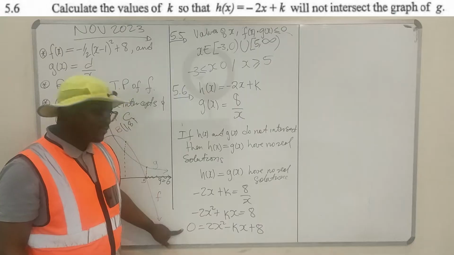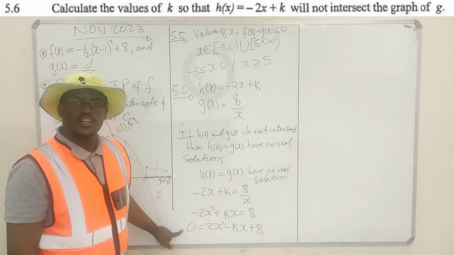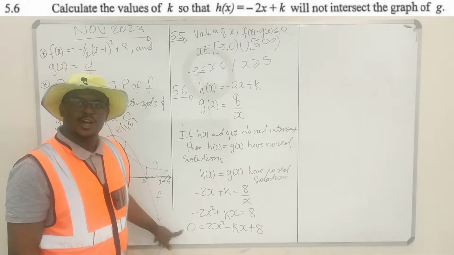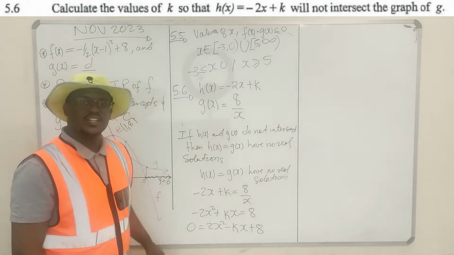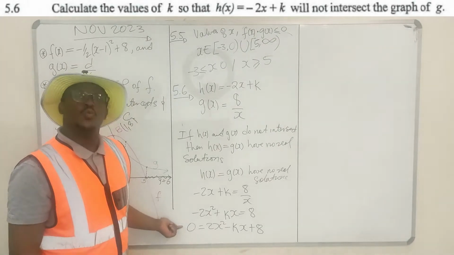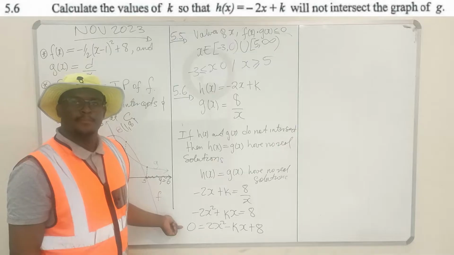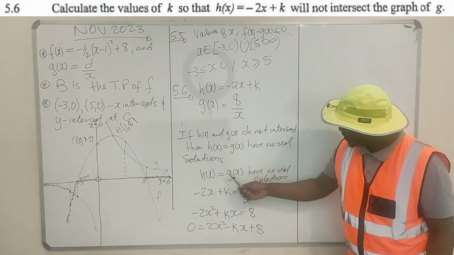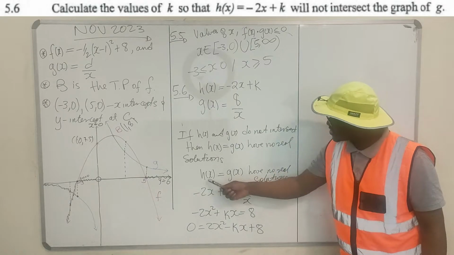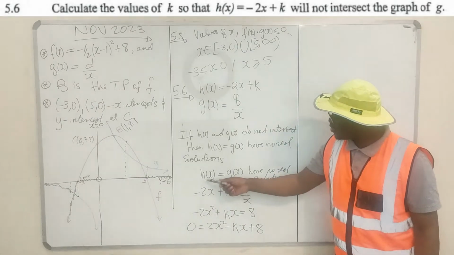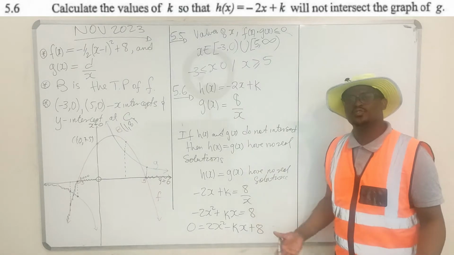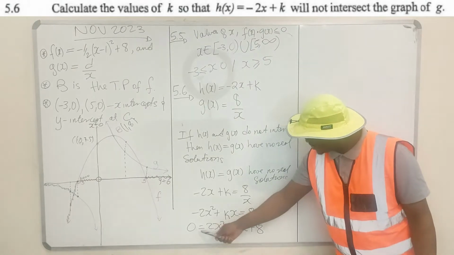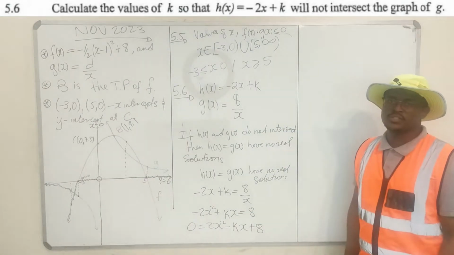So we have a quadratic equation here, and we know that this quadratic equation is coming from equating these two. We were trying to solve this, but you know that this equation has no real roots.